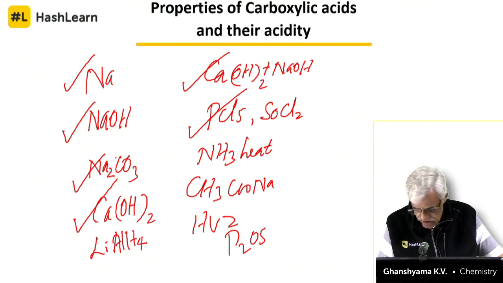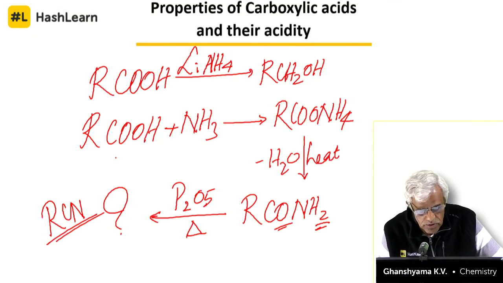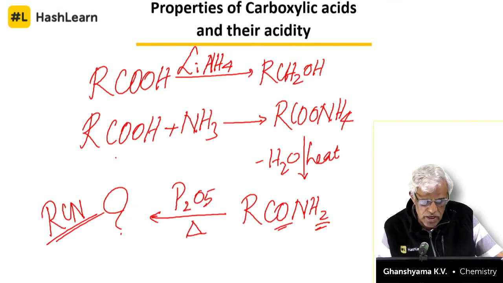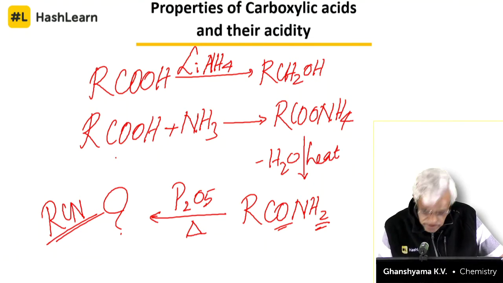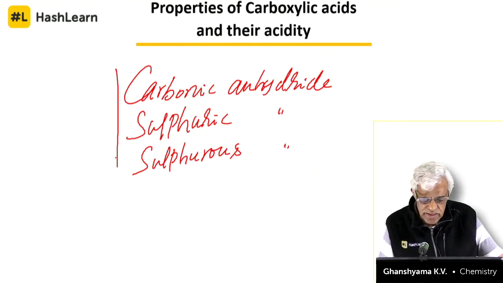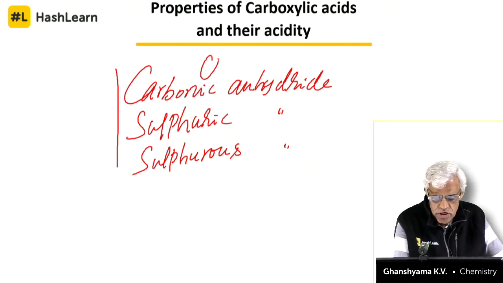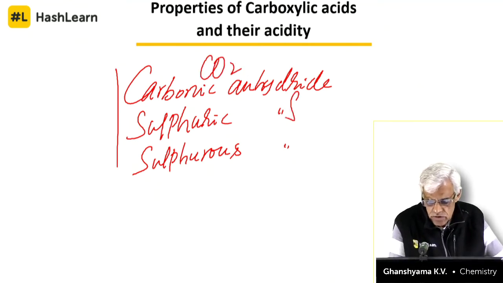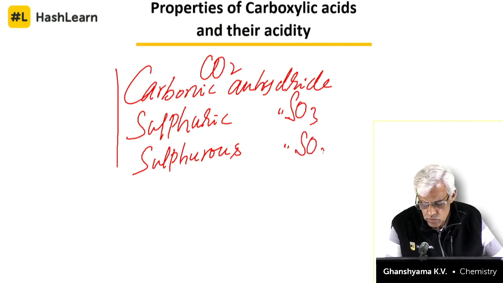SO3 is sulfuric anhydride, CO2 is carbonic anhydride, SO2 is sulfurous anhydride. So, this is carbon dioxide, this is sulfur trioxide, this is SO2.